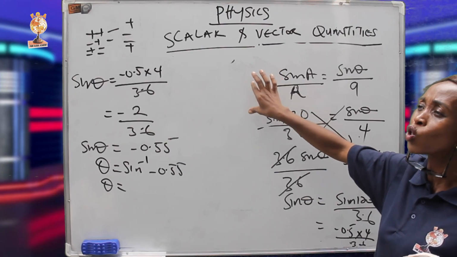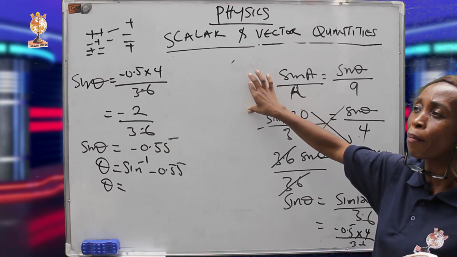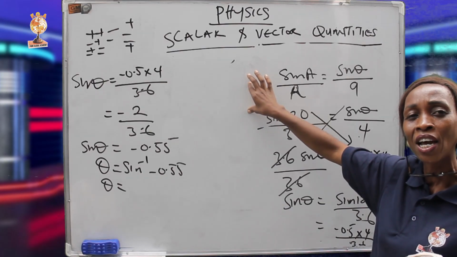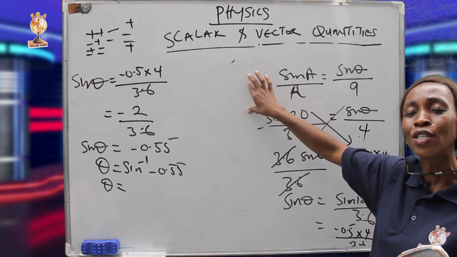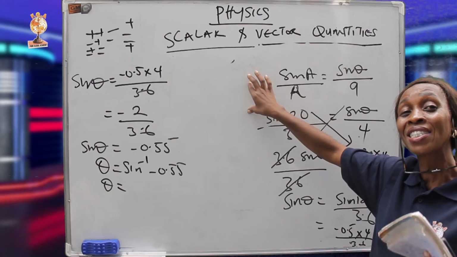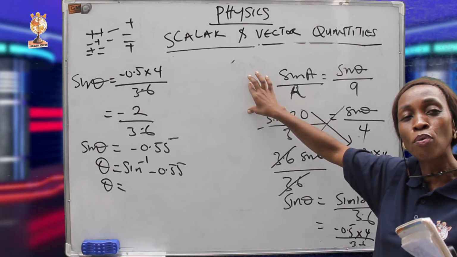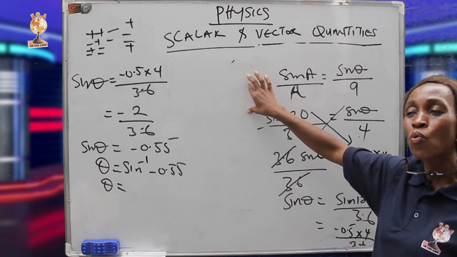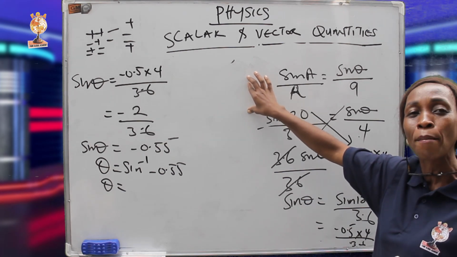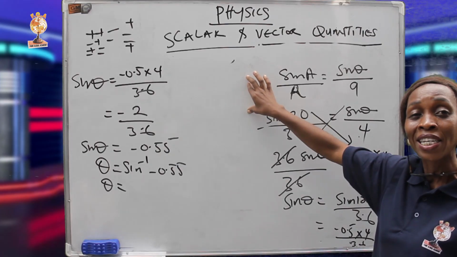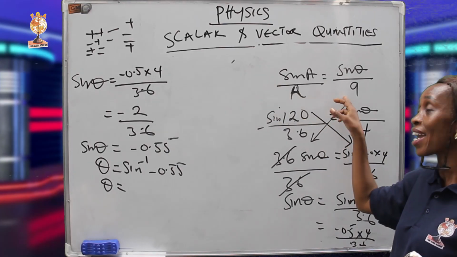But when the angle sustained is above 90 or less than 90, we normally use the sine rule. But if it's 90 degrees, for the angle sustained you use tan theta, which is opposite over adjacent. But when it's above or below 90, the angle sustained, you use the sine rule.